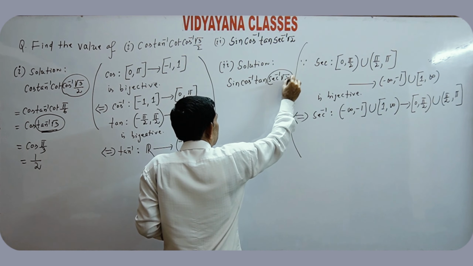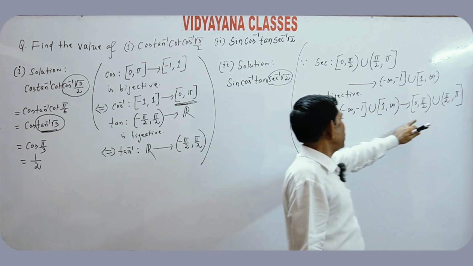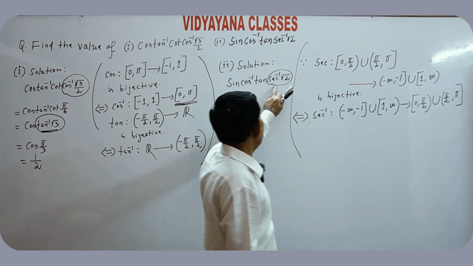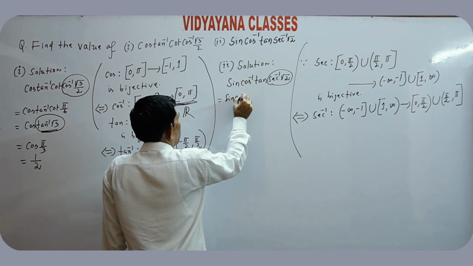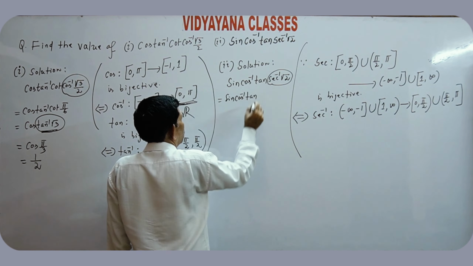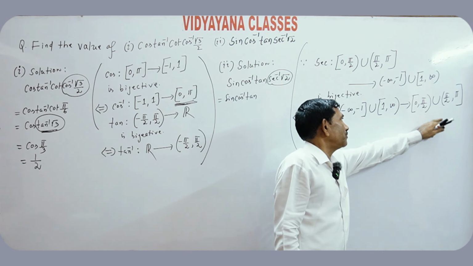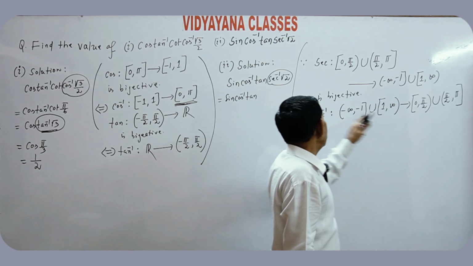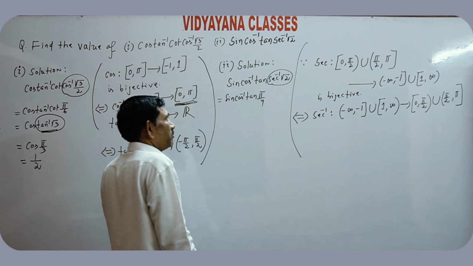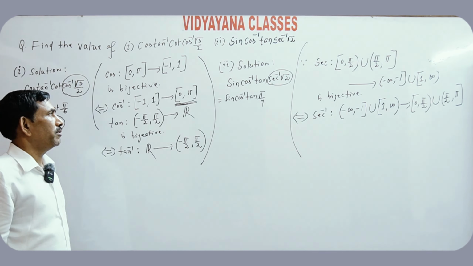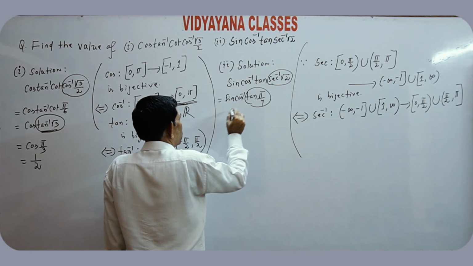Sec inverse root 2 represents a radian angle. For which angle that belongs to this set is the sec value root 2? That is pi by 4. Cos pi by 4 is equal to 1 by root 2, so sec pi by 4 is equal to root 2. Tan pi by 4 is equal to 1.